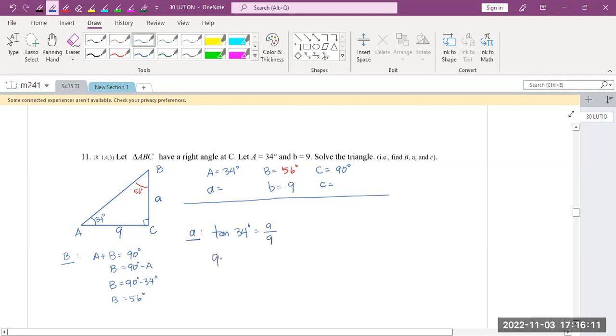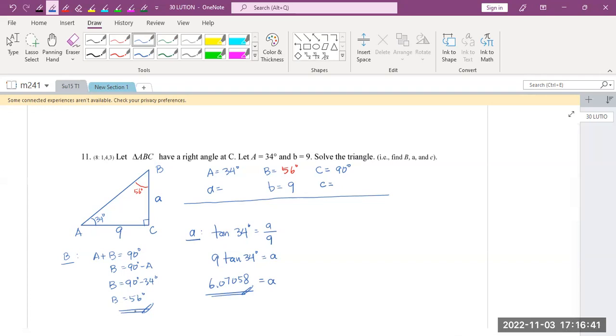So 9 times tangent 34 degrees equals A. I use the calculator, 9 tangent 34 degrees gives me A equals 6.07058. Remember, round it to 5 decimal places. If the number is more than 5 decimal places, you round it to 5.